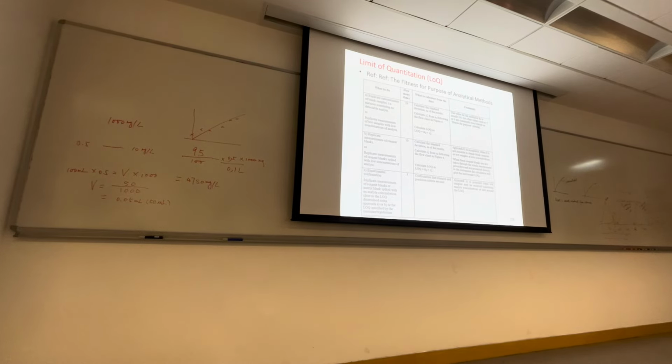So at the LOQ, or you can say at the LOR, you need to verify by actual spike. That is the C part, experimental confirmation, at least 5 times. Get the meaning? So A and B is how to establish the LOQ, and the C part is experimental confirmation of the established value by spike.